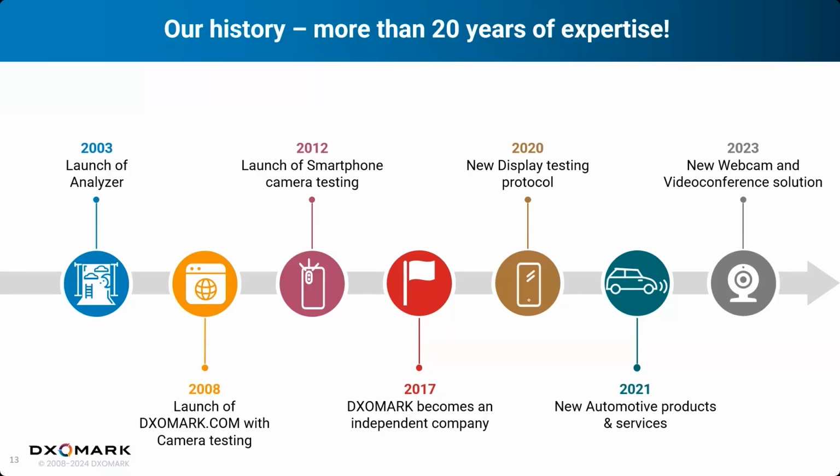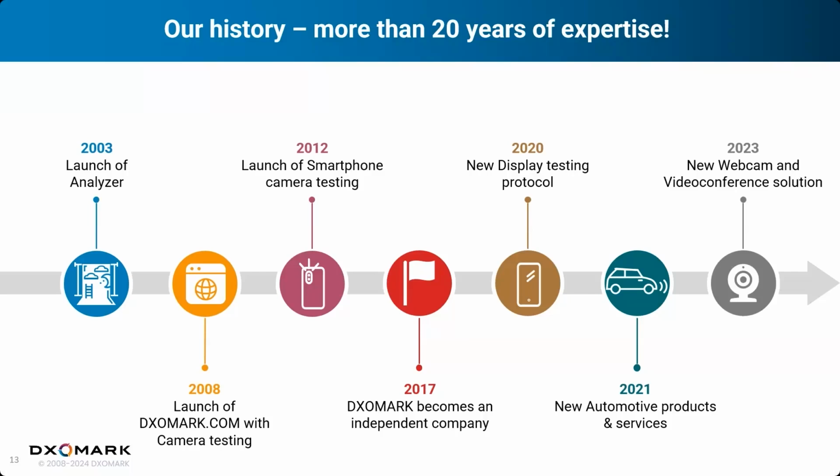In 2017, DXOMARK became a fully independent company. That was one important step to make sure that for everybody our benchmarking and results are totally independent and reliable. We expanded our scope in 2020 with the display testing protocol, which is very close to general image quality analysis.